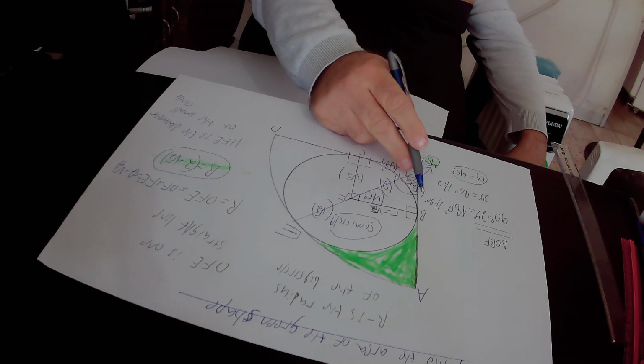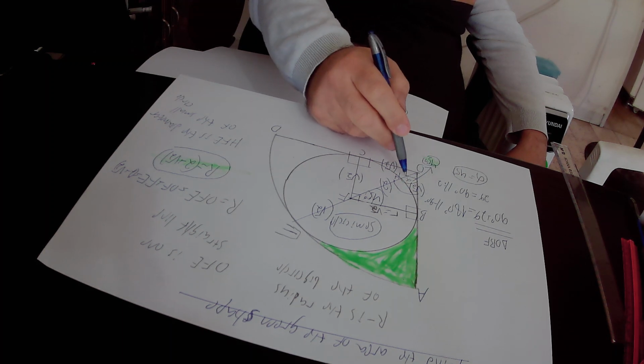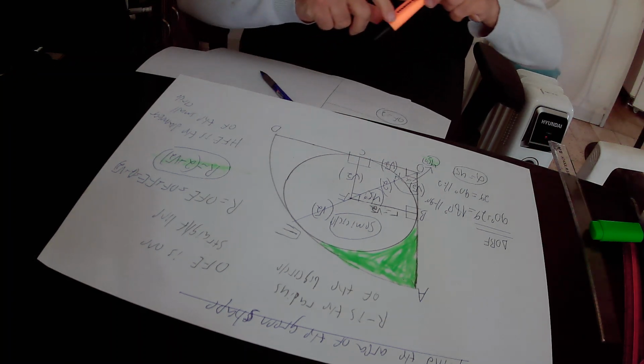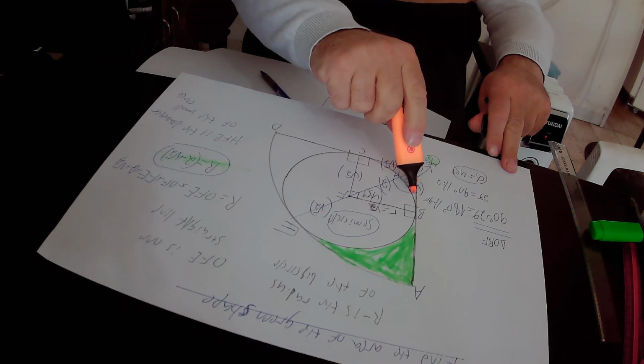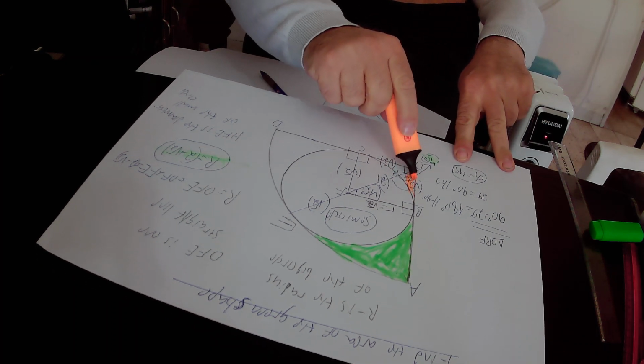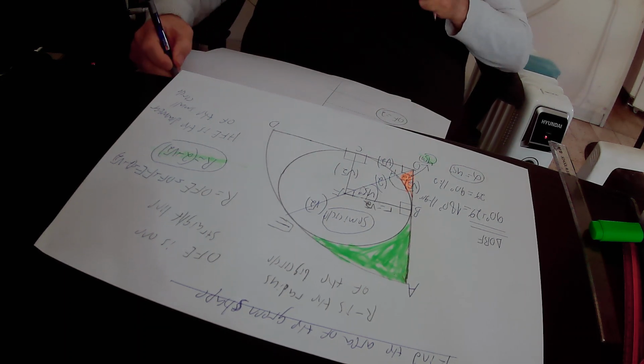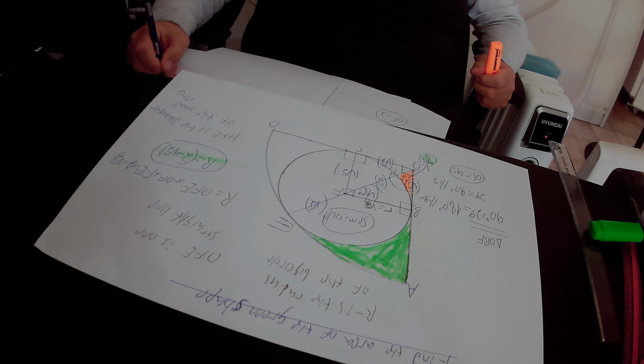The small semicircle is of course part of the small circle. Minus the area of shape HBO, the orange shape HBO. I'll repeat again.